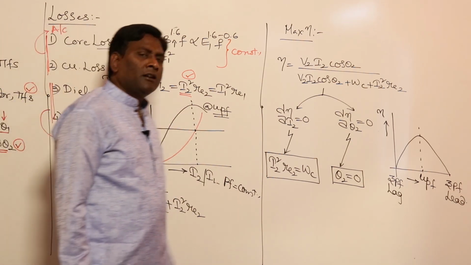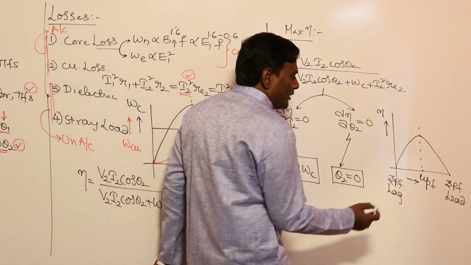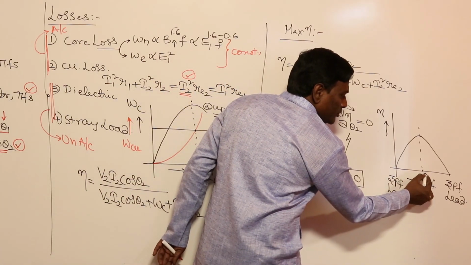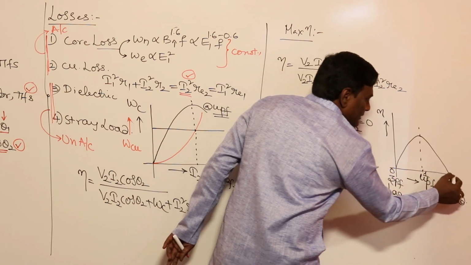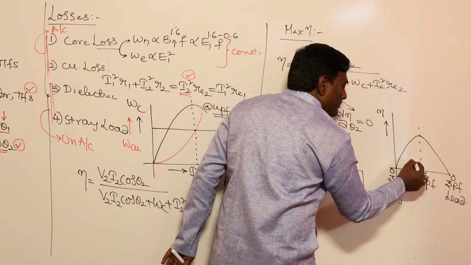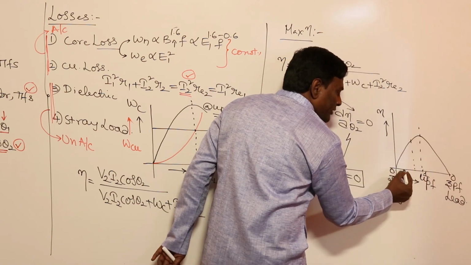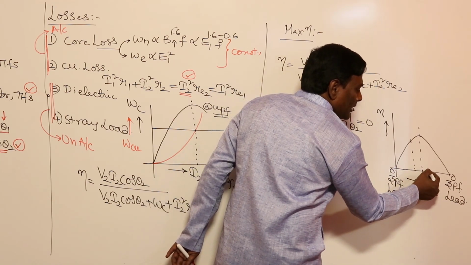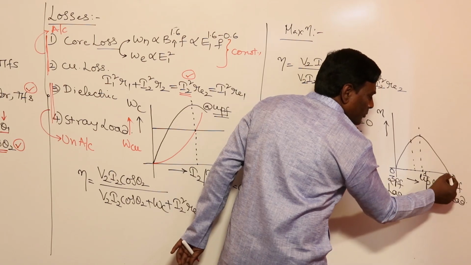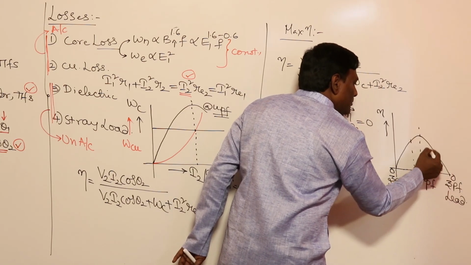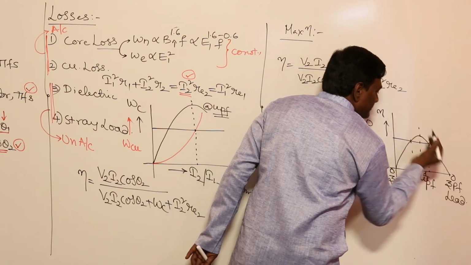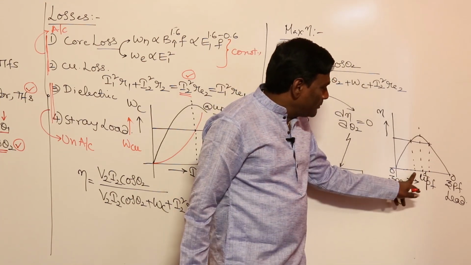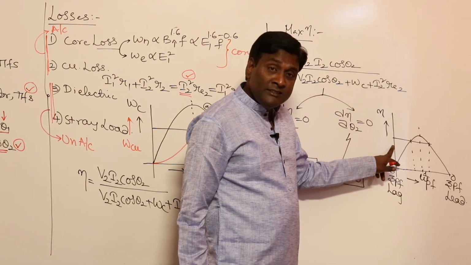Now, for example at 0.8 power factor: this is unity, this is 0, this is 0. Maybe 0.8 may come here. Going 0, 0.5, 0.6, 0.7, 0.8, 1, again 0.9, 0.8, 0.6, 0.2 and 0. So for example, this is 0.8. At 0.8 power factor, lag or lead, is efficiency reduced or not?